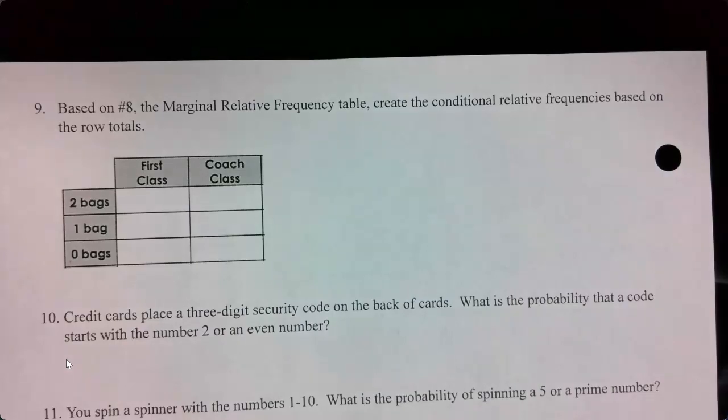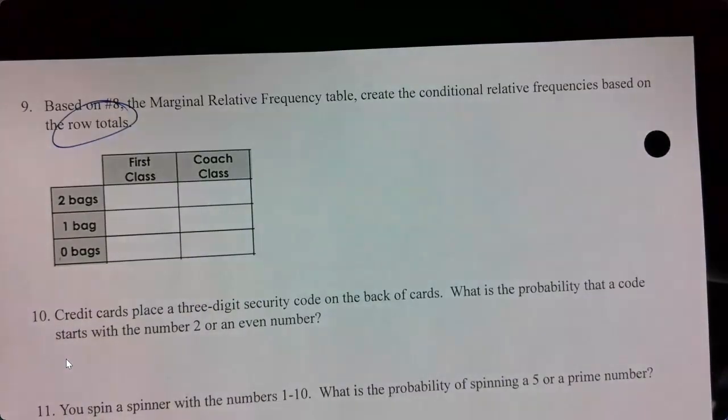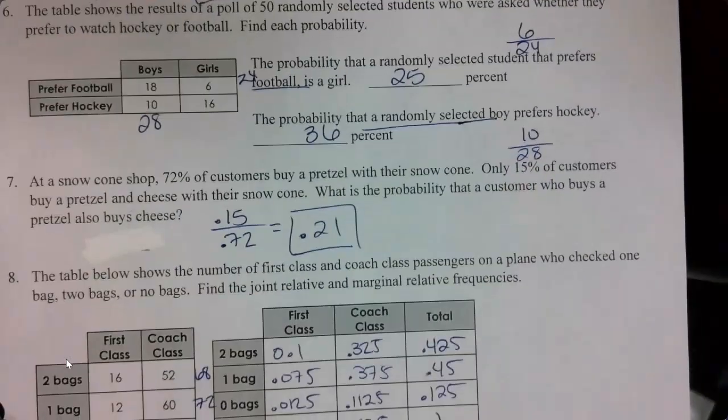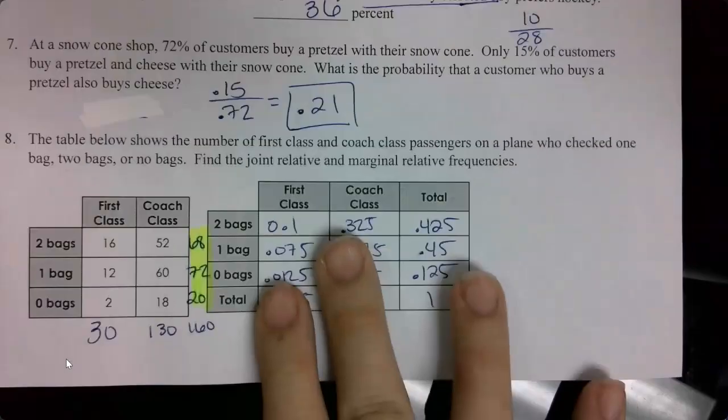Okay, it says based on number 8, the marginal relative frequency table, create a conditional relative frequencies based on the row totals. So because it says based on the row totals, I'm going to divide by the number at the end of the row. These are the numbers I'm going to go ahead and divide by.